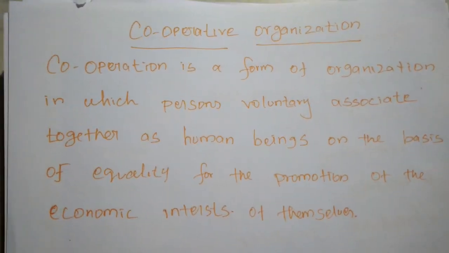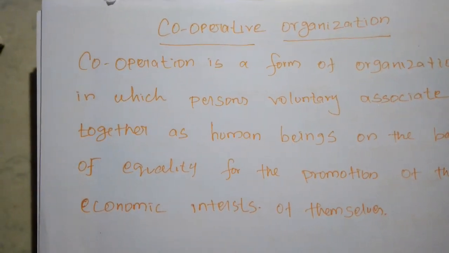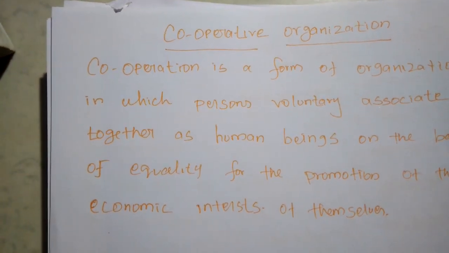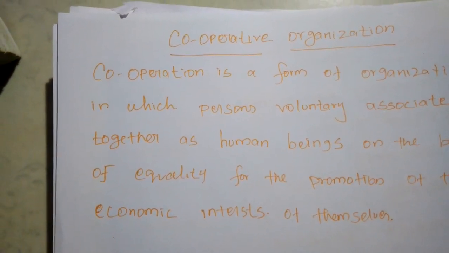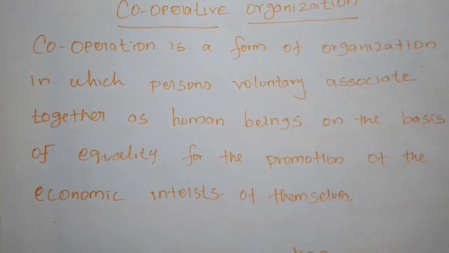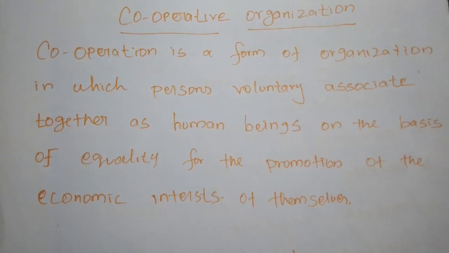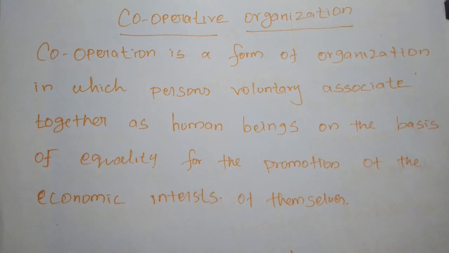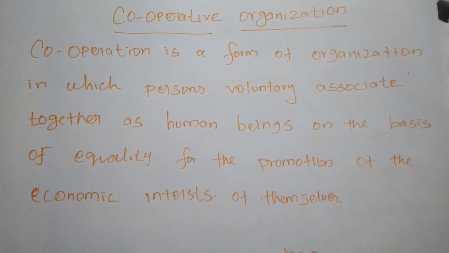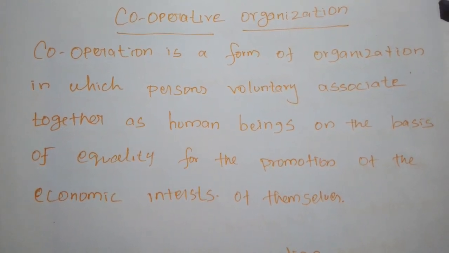So, the cooperative organization. A cooperative is a private business organization that is owned and controlled by the people who use its products, supplies, or services. Normally, we use and consume some products, but if you want to create the supply and satisfy all the needs we have, we need one of these organizations.